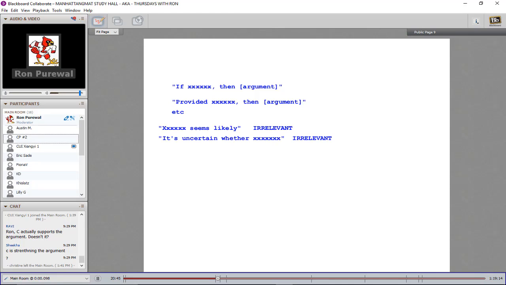Irrelevant. There are no signs that this has started happening, etc. Again, this is the whole point of the word if. The word if exists in the language to do this. Choice C in that problem is kind of like this. Doesn't help the argument, doesn't hurt the argument, because that's what these do.